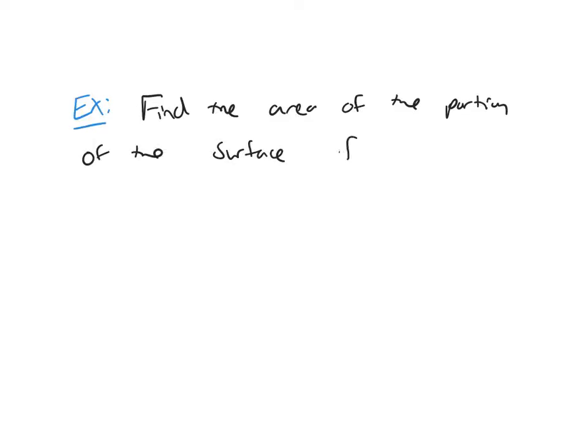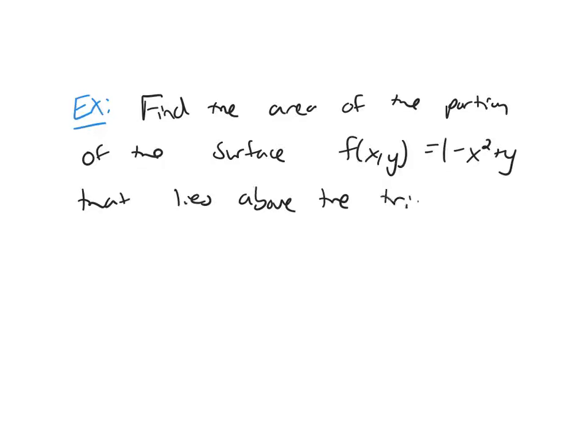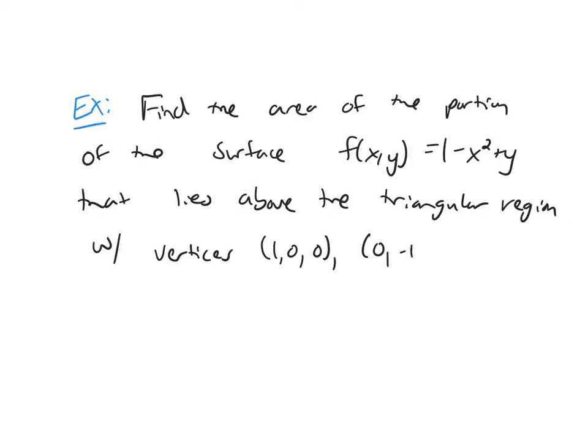Let's find the area of the portion of the surface f of x, y equals 1 minus x squared plus y that lies above the triangular region with vertices (1, 0, 0), (0, -1, 0), and (0, 1, 0).